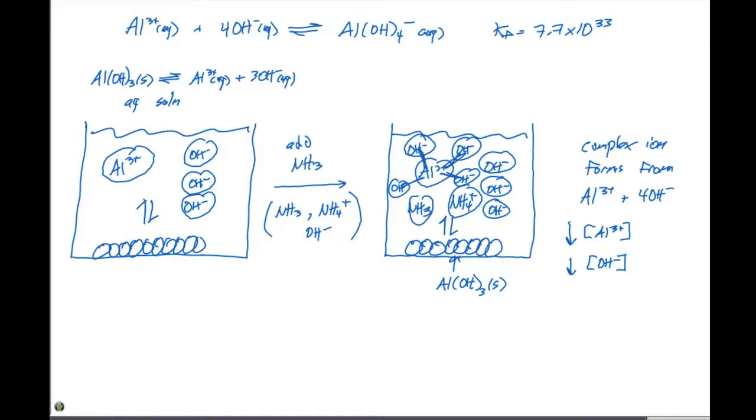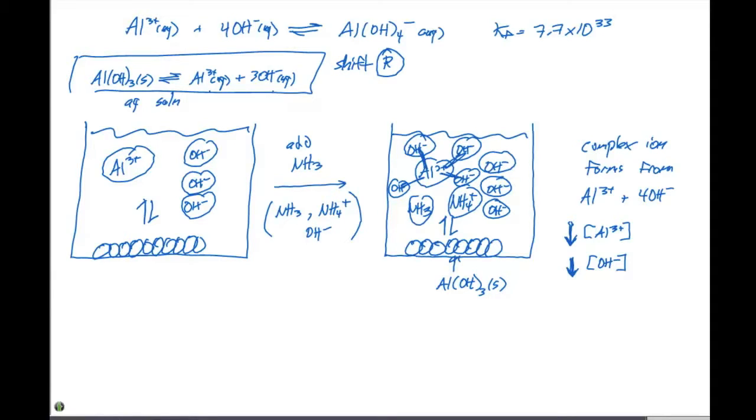So our initial equilibrium that's established right up here, where we have aluminum hydroxide as a solid with aluminum 3 plus ions in solution and 3 OH minus ions in solution, if we drop the concentration of both the aluminum 3 plus and the hydroxide, that's going to shift this equilibrium to the right.